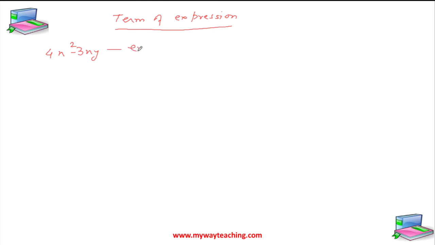Now here we will learn about the term of expression. Okay, we know that 4x square minus 3xy is the expression.